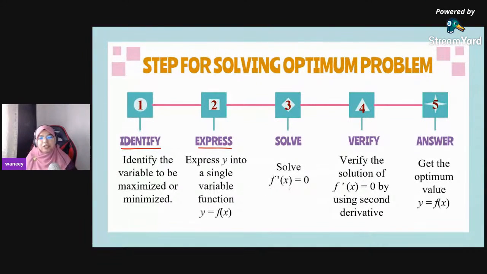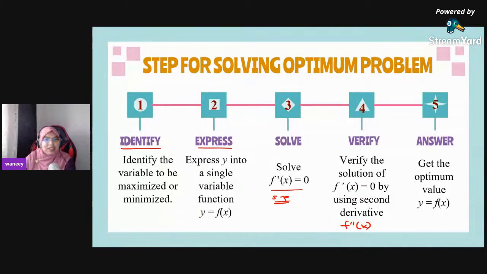Take the first derivative and let it equal to 0, and find out what the stationary points are. Once you have the stationary points, differentiate again to get the second derivative and substitute the value of your stationary point to check whether you have a maximum or minimum point.